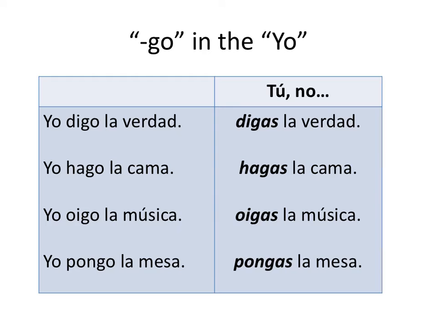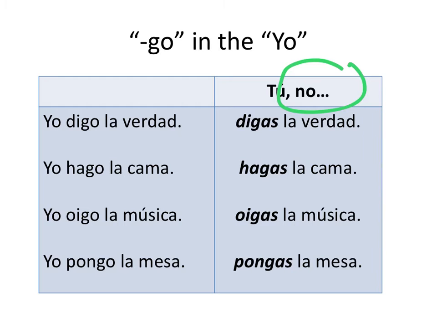También, y recuerden, chicos, these are negativos, okay? Because I'm going to present the other ones here in a second, and they're muy diferentes. This is when you're saying don't. No digas la verdad. No hagas la cama. No oigas la música. No pongas la mesa. What do all of these verbs have in common? We've seen them before.